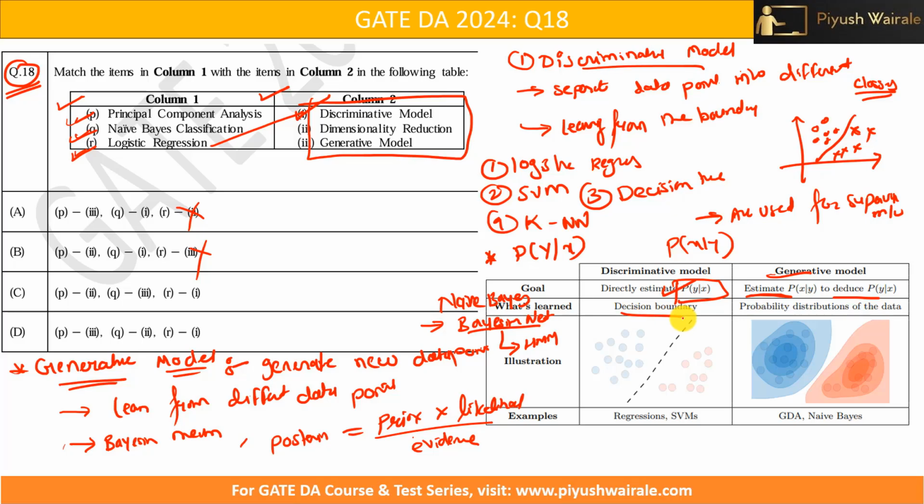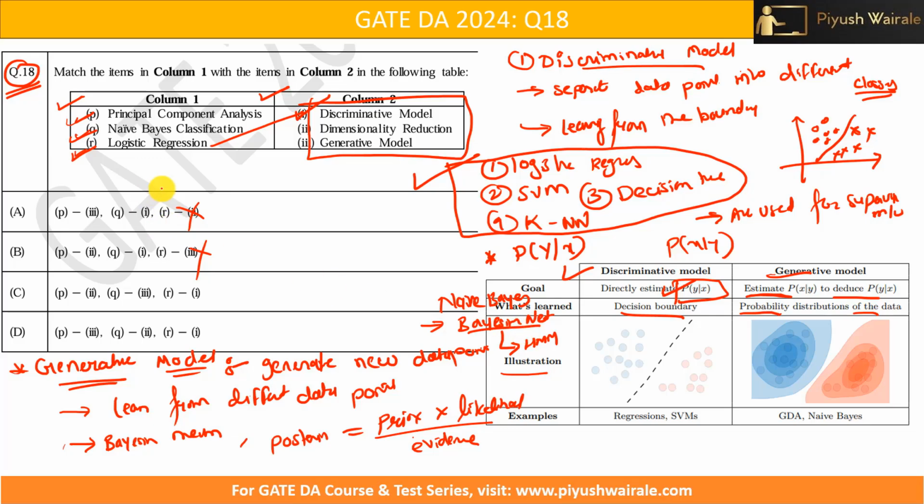What is learned is the decision boundary in one case, and the probability distribution of the input data in the other, as the illustration shows. Logistic regression, support vector machine, decision tree, and KNN are all examples of discriminative models. Note this down, it is very important. The generative models are Naive Bayes, Bayesian network, and hidden Markov model or Markov model.